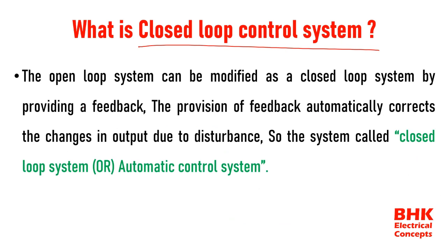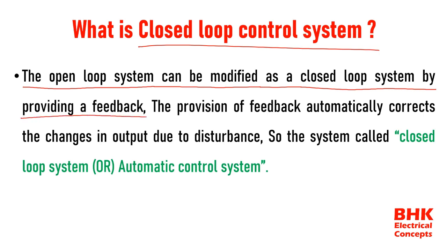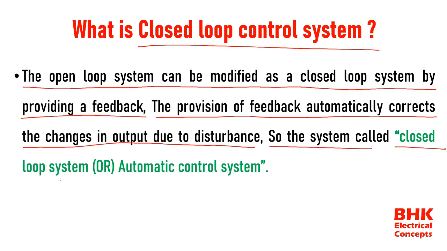The open loop system can be modified as a closed loop system by providing feedback. The provision of the feedback automatically corrects the changes in the output due to disturbance. That type of system we call a closed loop system, or we can also call it an automatic control system.